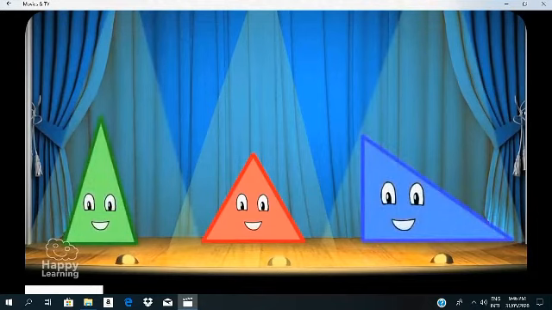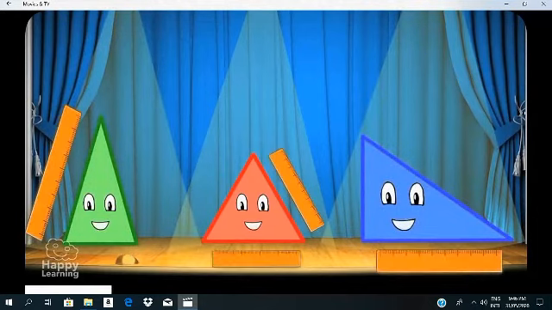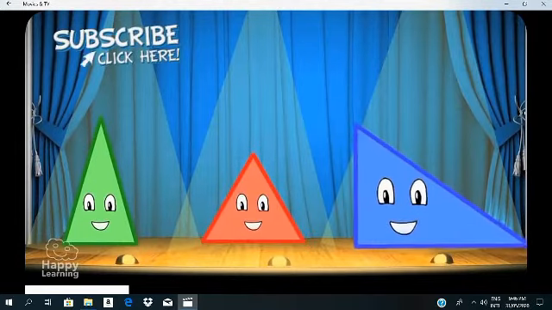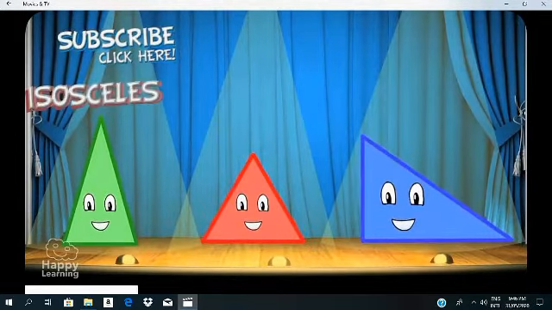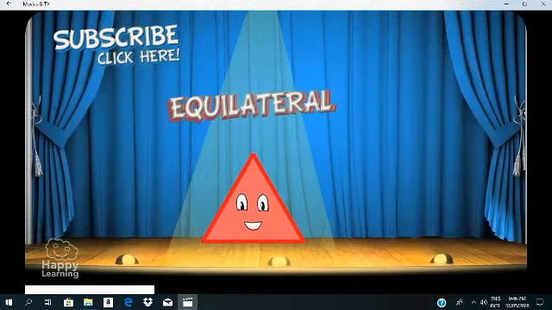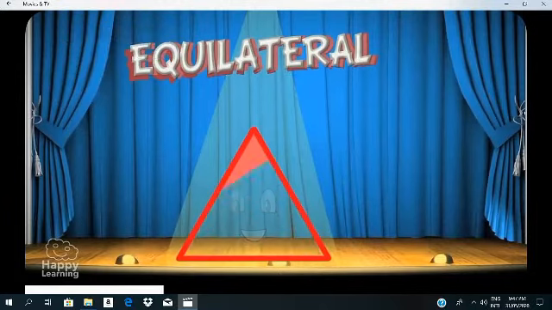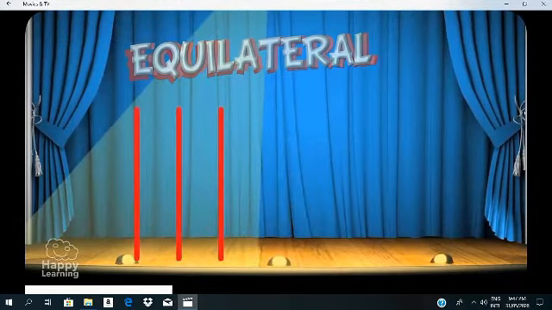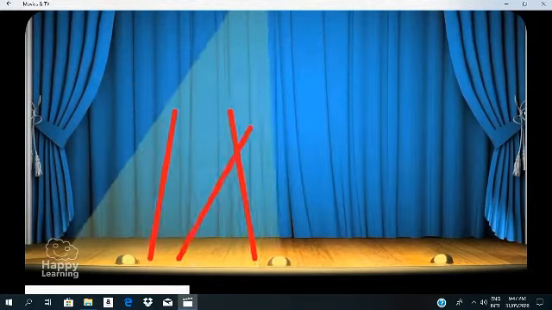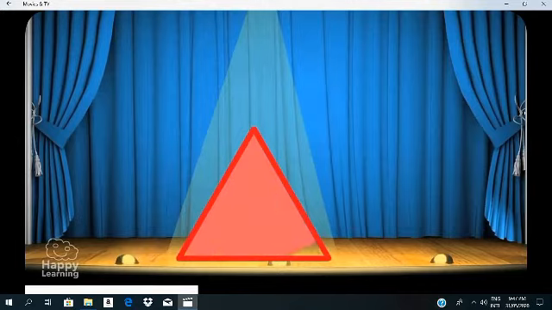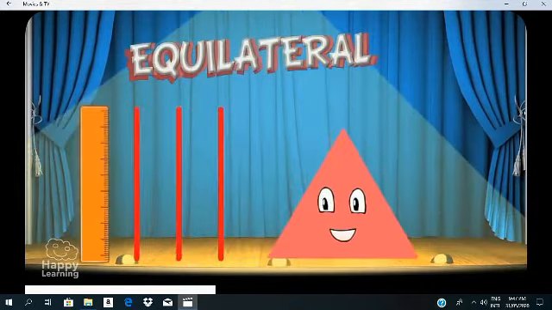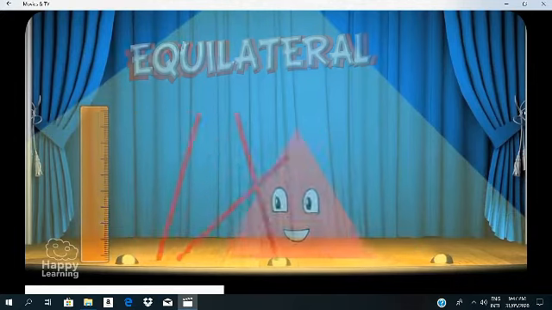Now, we can classify triangles into 3 depending on the length of the different sides. We have isosceles, we have equilateral, we have scalene triangle. For an equilateral triangle, when you measure the length of the 3 sides, they are exactly the same.